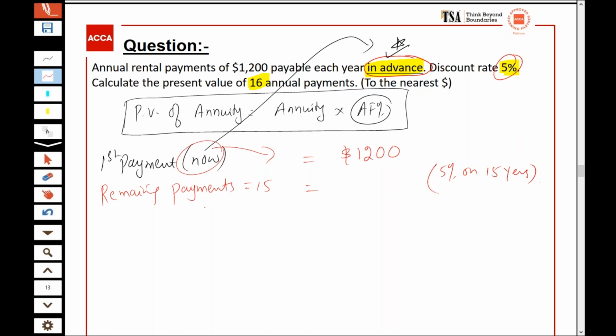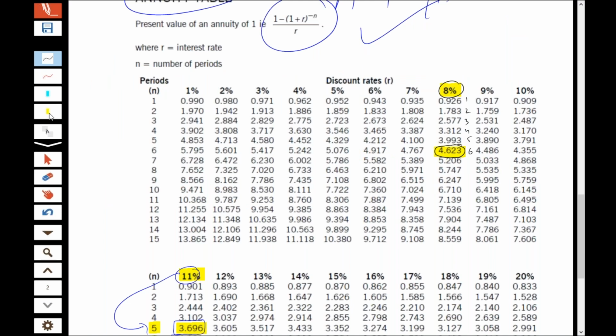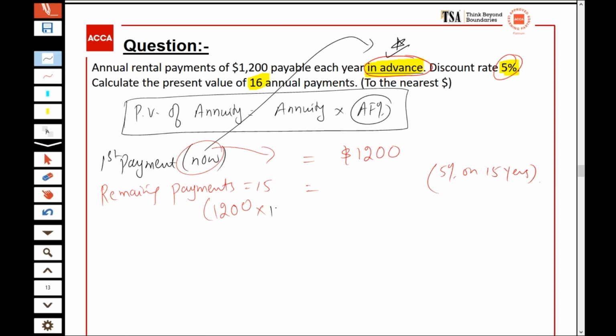That would become 12,000 multiplied by the factor for 5% and 15 years, 10.380. 10.380 multiplied by 12,000 is $12,456, because it is in advance.